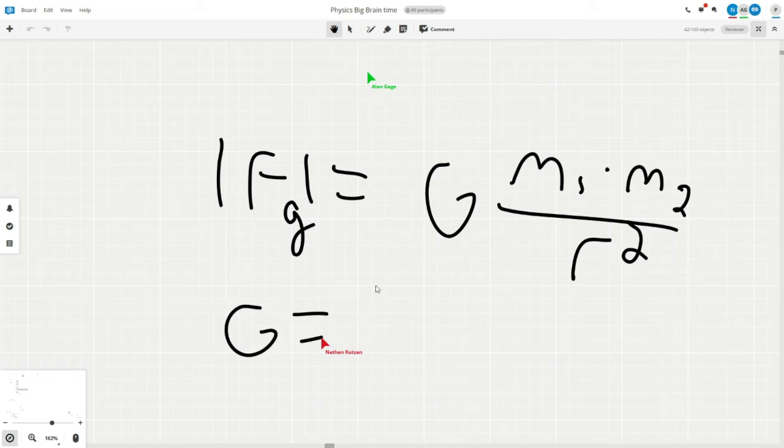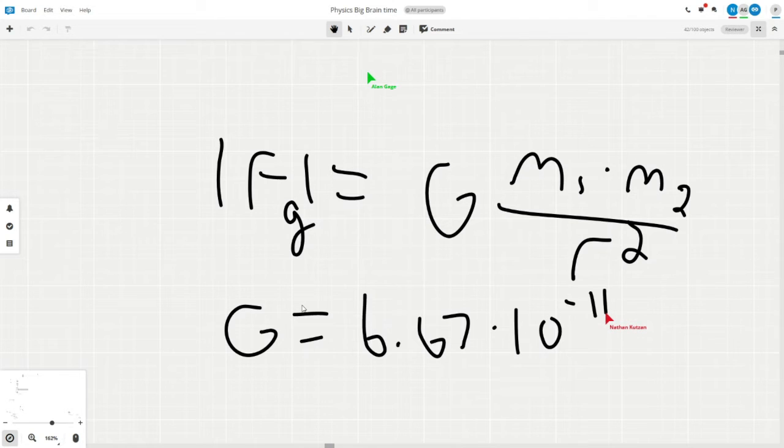And G is equal to, and this will pretty much always be given on the test, otherwise it's on the formula sheet, 6.67 times 10 to the negative 11th. So what this equation talks about is how to figure out the gravitational force between two large masses, like planets and such.